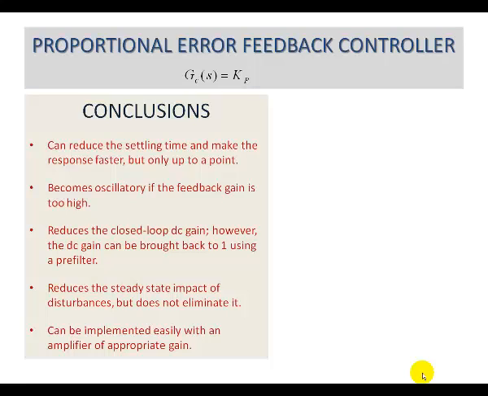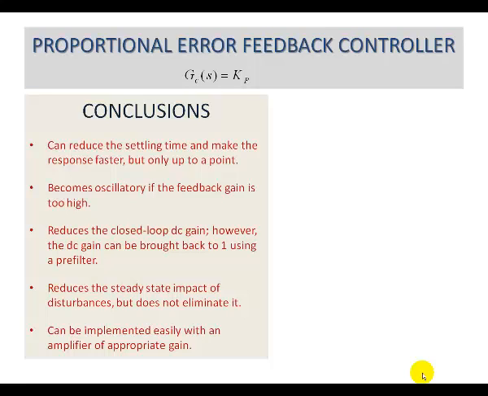Finally, we saw that the impact of disturbances can be significantly lowered by using a proportional error feedback controller, at least in steady state. However, it is not eliminated. It doesn't go away completely. For that, we will need to use a different kind of controller.